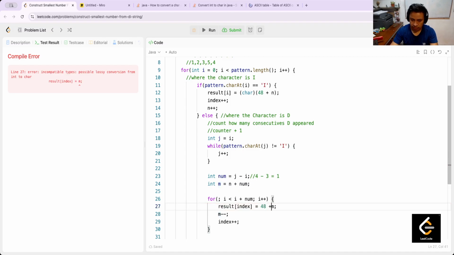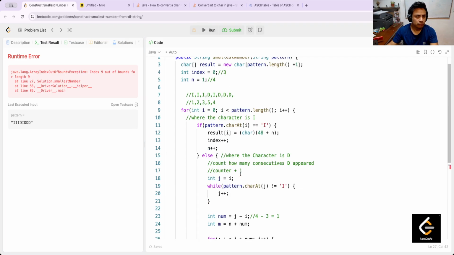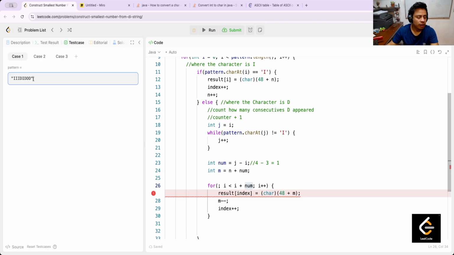Here is 48 plus this. This is 0, 1, 7, 1, reach it.